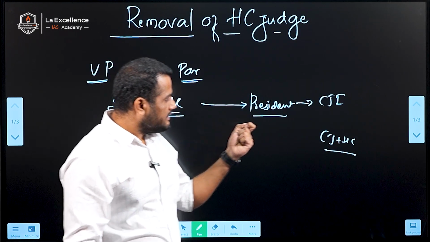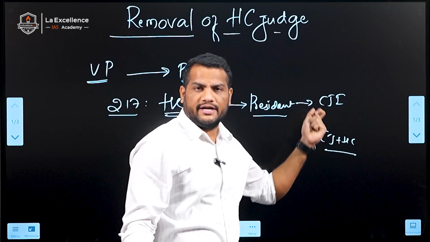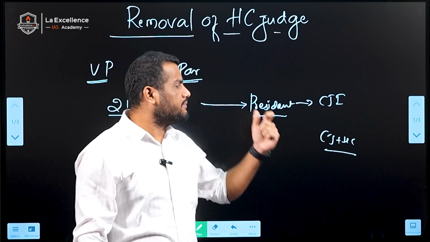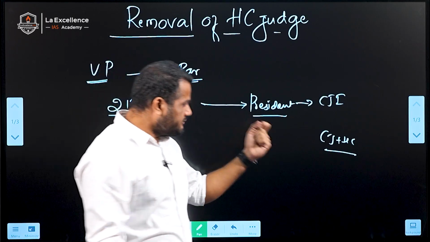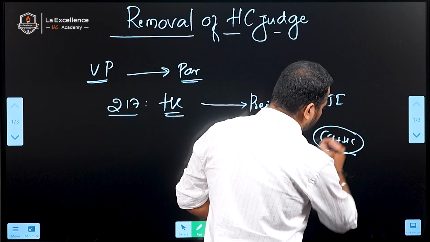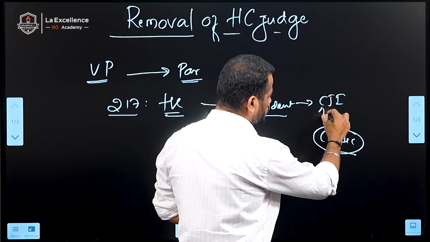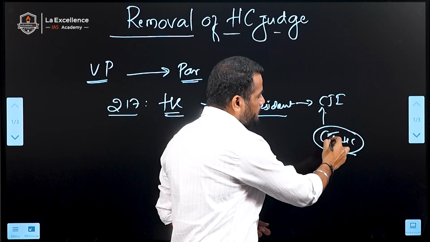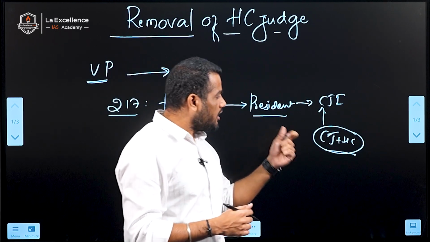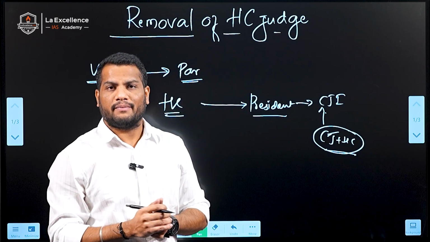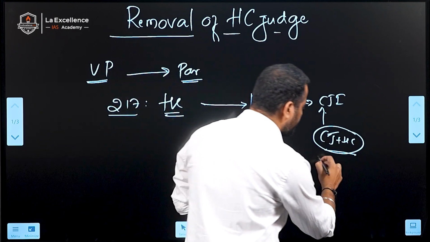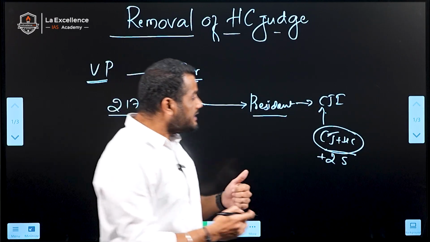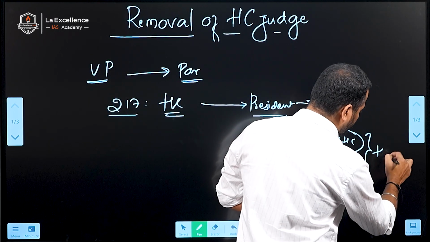But they are not the only bodies consulted. The Chief Justice of the High Court recommends names to the Supreme Court Collegium, headed by the Chief Justice of India. He is not allowed to suggest names by himself only, but after consulting the two senior most judges of the High Court. This is the collegium in the High Court.